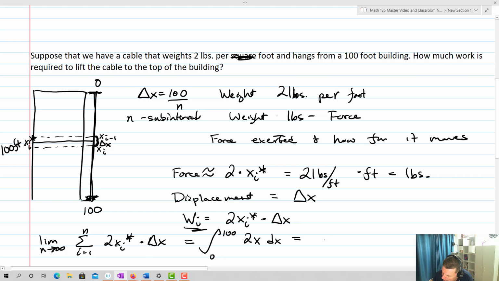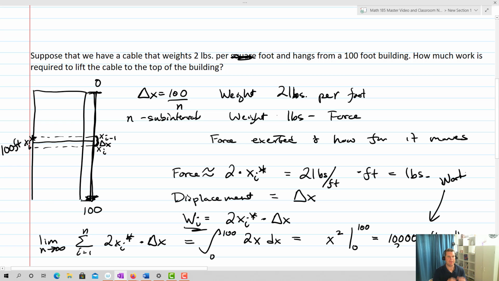So this ends up giving me x squared from 0 to 100, and this is then going to equal 10,000 foot pounds. Excuse me, foot pounds, not foots per pound, it's foot pounds. And that is our measure of work. That's the work that's done.